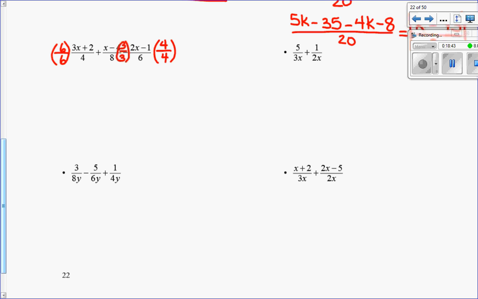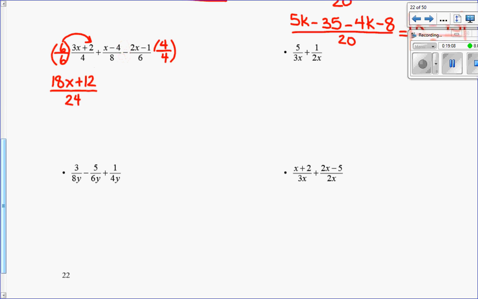Okay? So I'm going to multiply 6 times both the 3x and the 2. So 6 times 3 is 18x. And now 6 times 2 will give me 12. So I've got 18x plus 12 over 24. Plus, now I'm going to multiply this by 3 over 3.